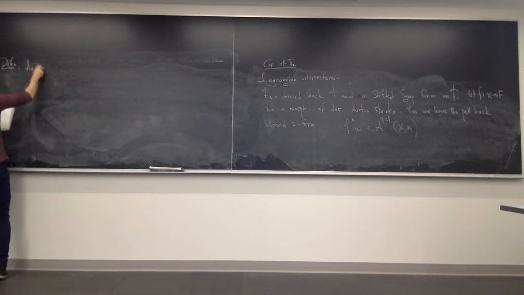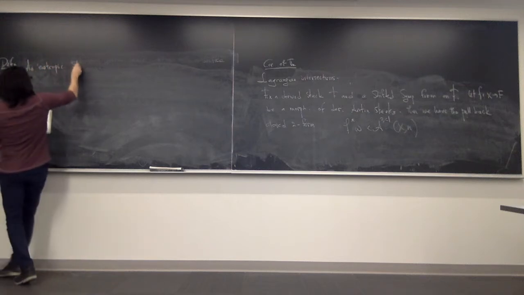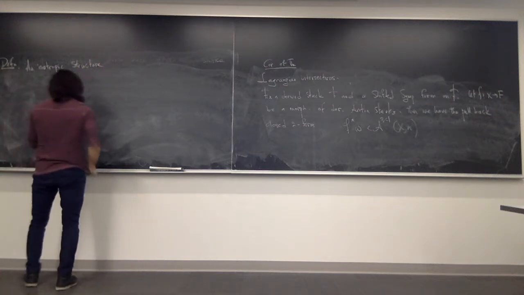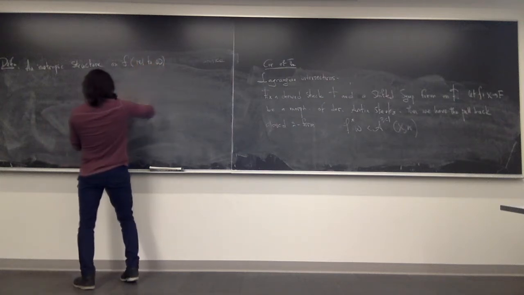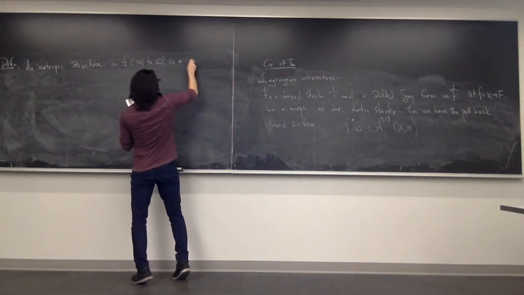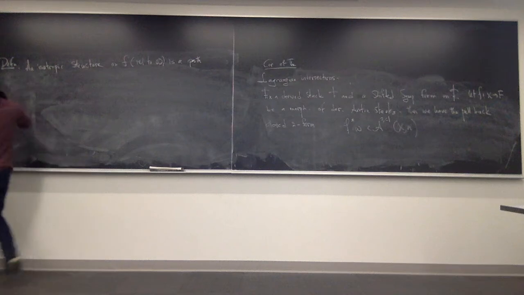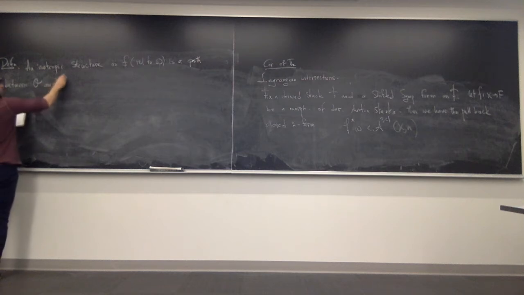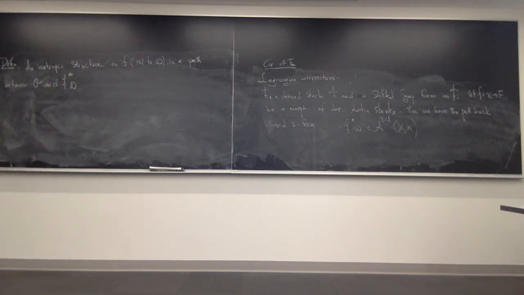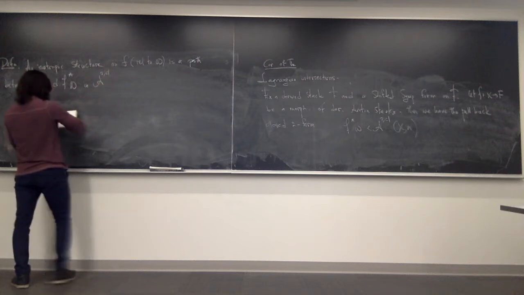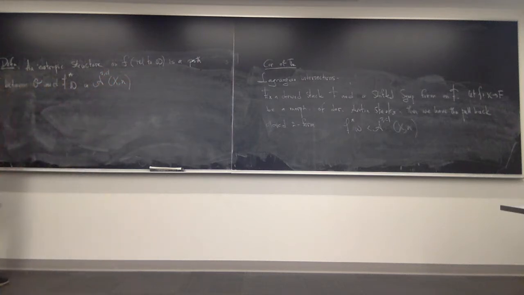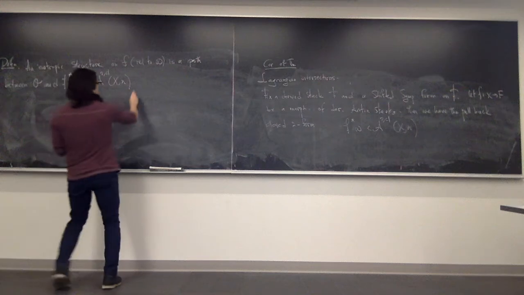An isotropic structure on f relative to omega is a path between O and f star of omega, where this is in the space of closed two forms of degree n on X. Okay, this is what is called an isotropic structure.